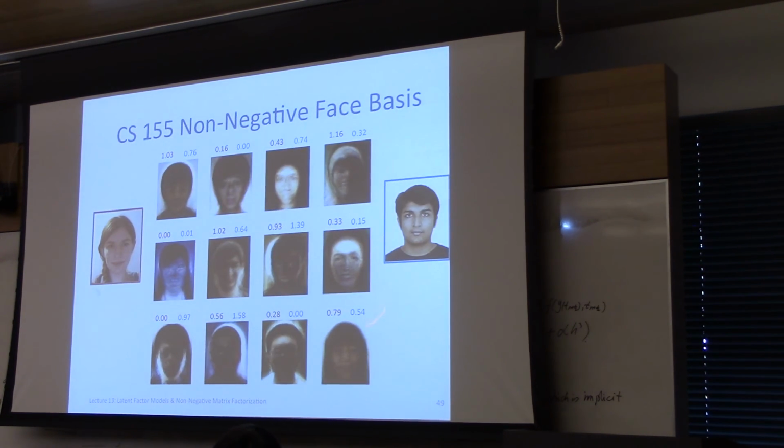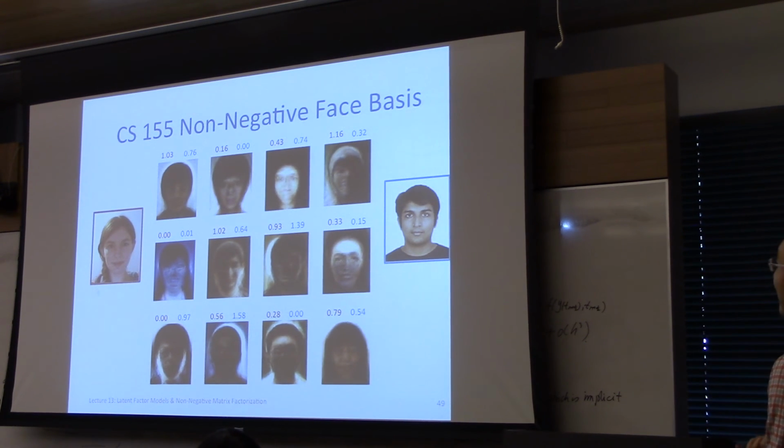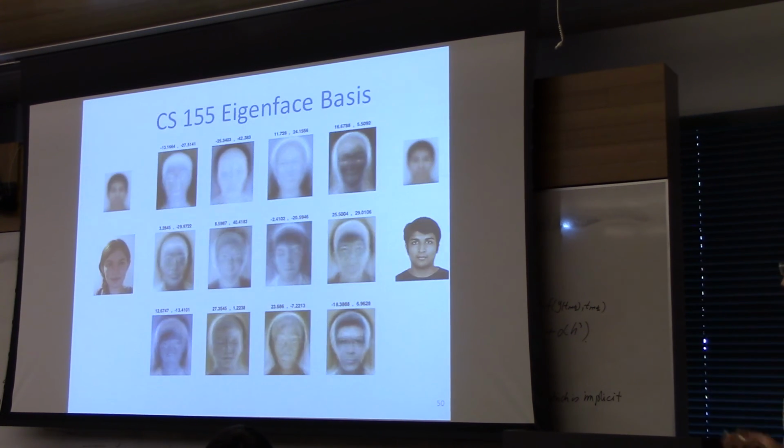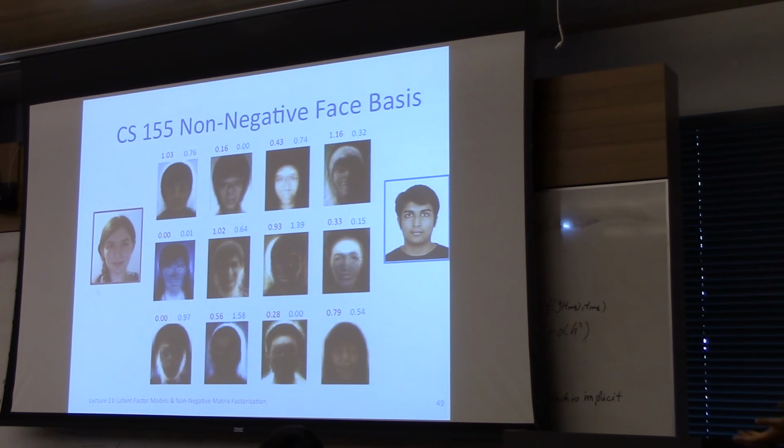One is that, it's a little blurry because I had to manually crop these myself, but it should still be quite clear that these face bases are more visually interpretable than these, right? Because this one superimposes both the positive portion and the negative portion onto the same image, and that's just hard to interpret. Whereas this one says black means no contribution, and not black means some contribution, right?